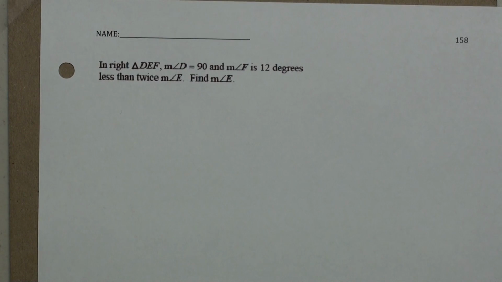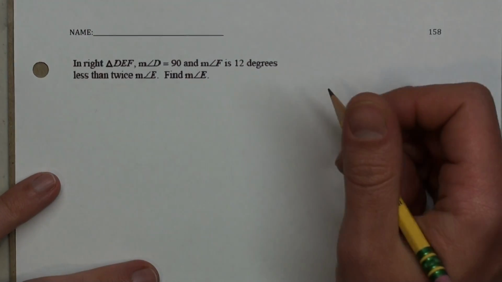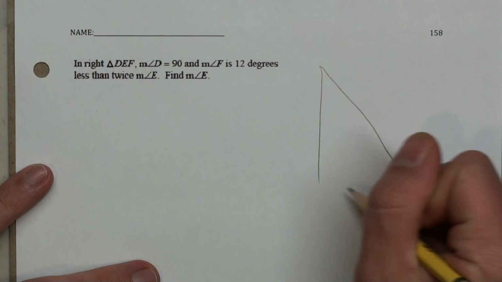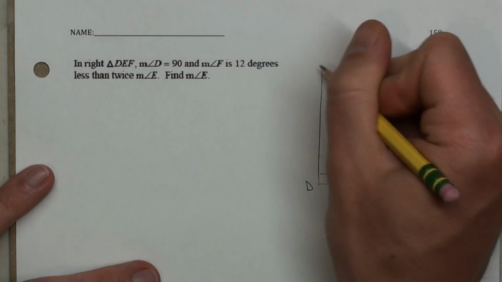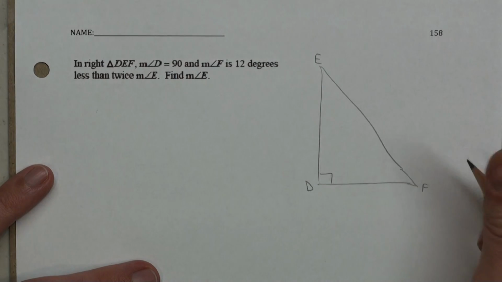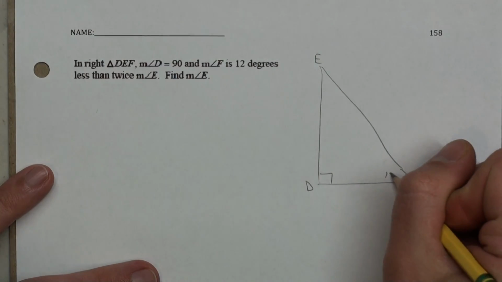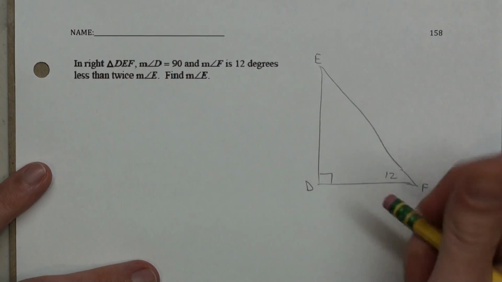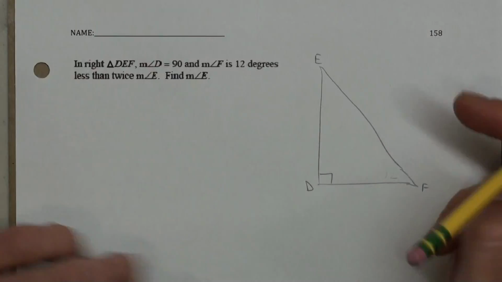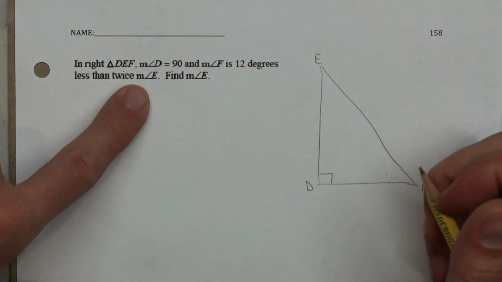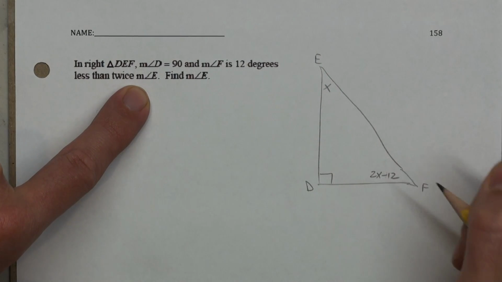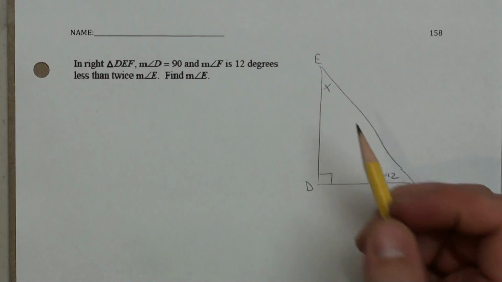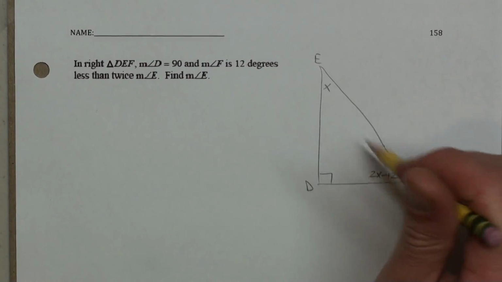In right triangle DEF, D is the right angle. So this is D, and then we have E and F. F is 12 degrees less than twice E. So if E is x, F is 2x minus 12. Find the measure of angle E. We know that these 2 have to add up to 90.